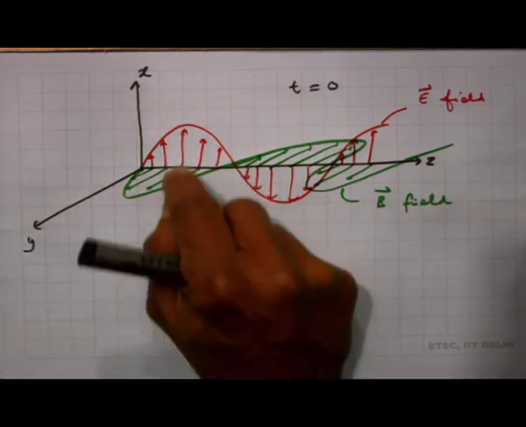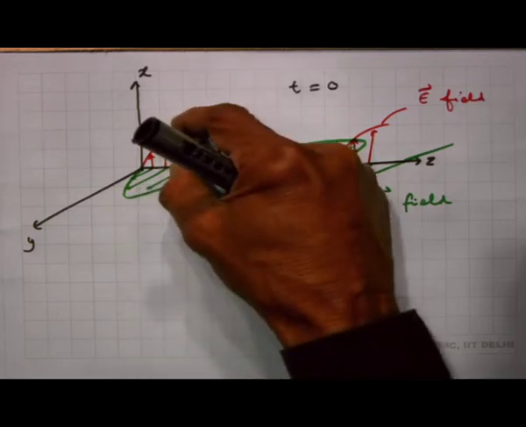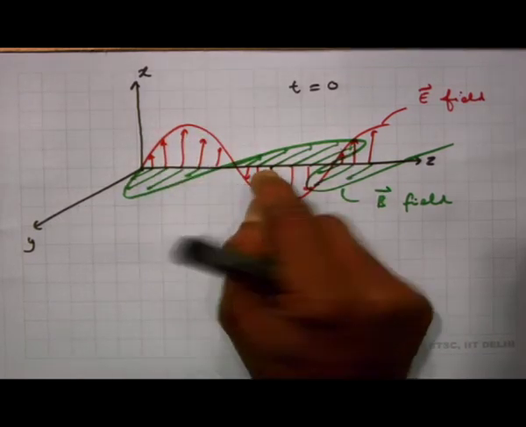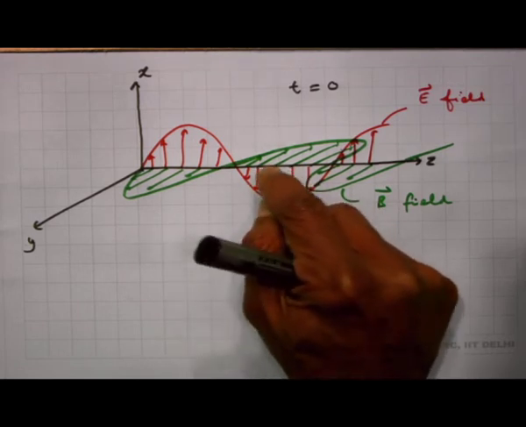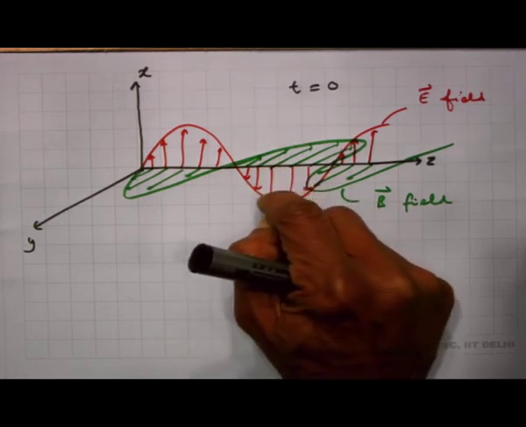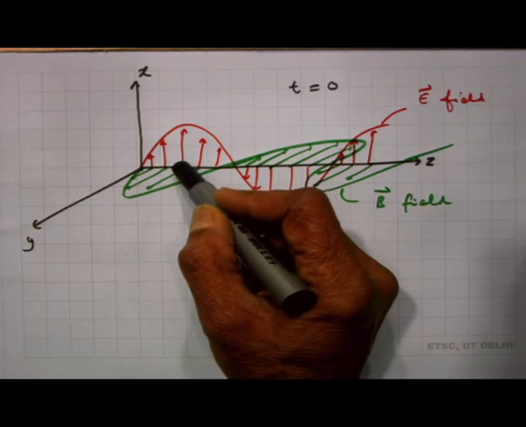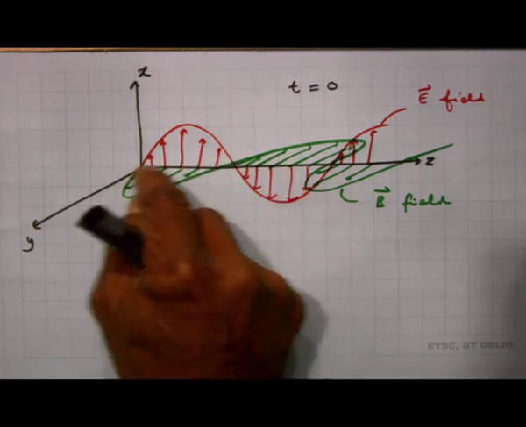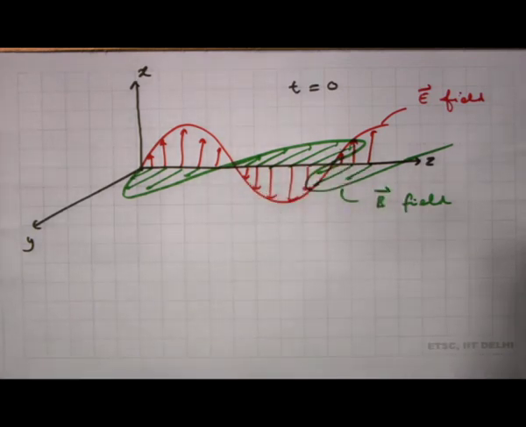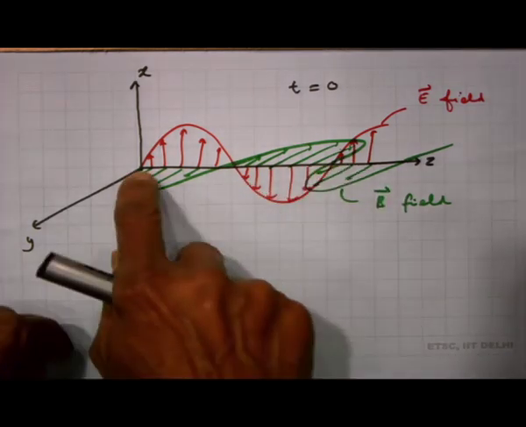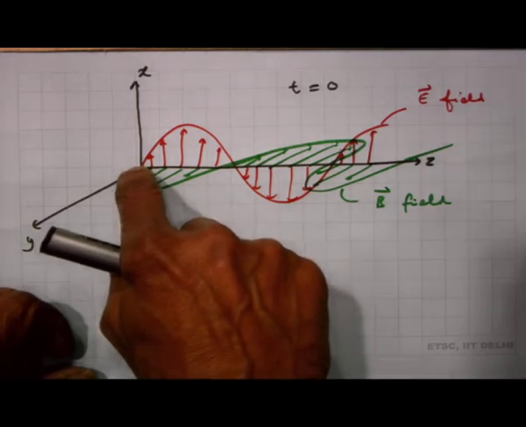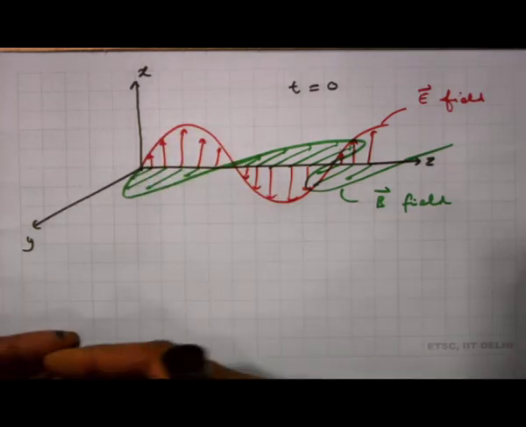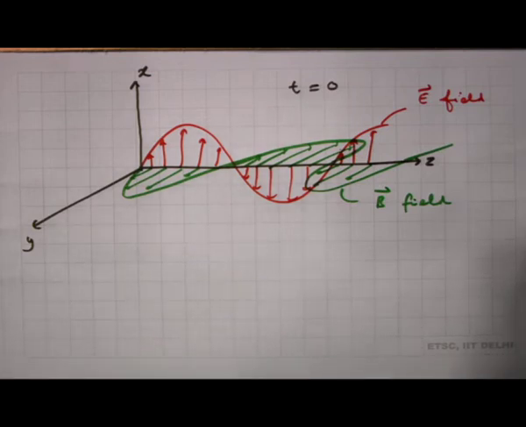So, this arrow implies that the electric field at this point has a large magnitude and is pointing in the upward direction. At this point, the electric field has this magnitude and is pointing in the downward direction. At this point, the magnetic field is along the y direction and has this magnitude. So, all these are fields at various points along the axis, and these are the magnitude and direction of the electric and magnetic fields.